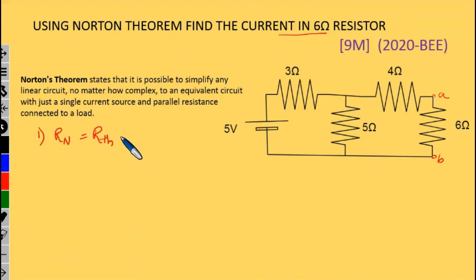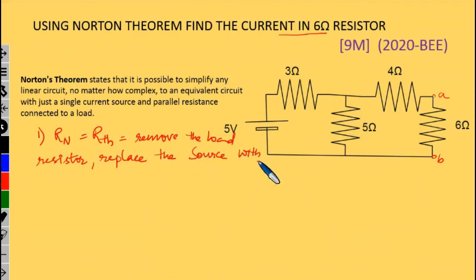So what we have done in Thevenin's resistance, we have removed the load resistor, and replaced all the sources with their internal resistance. Okay, so as here it is a voltage source, we are going to replace this with a short circuit, because we know that the internal resistance of a voltage source is 0 ohms. So it is a short circuit.